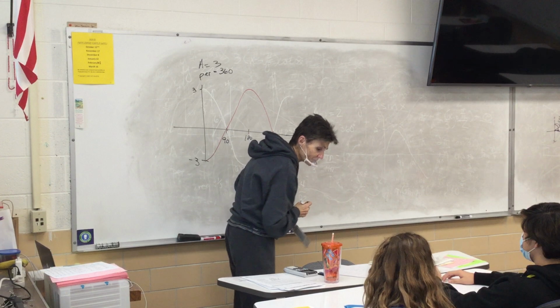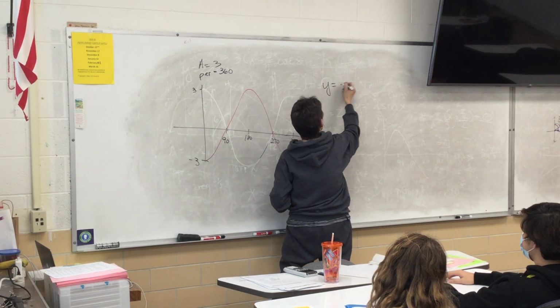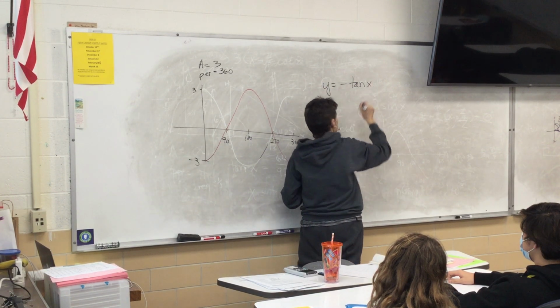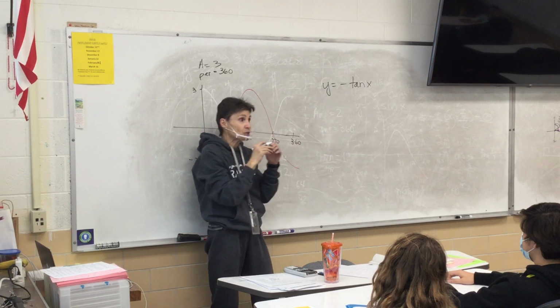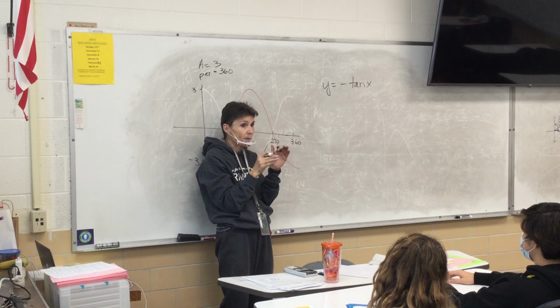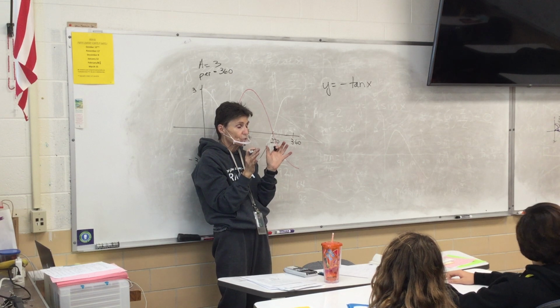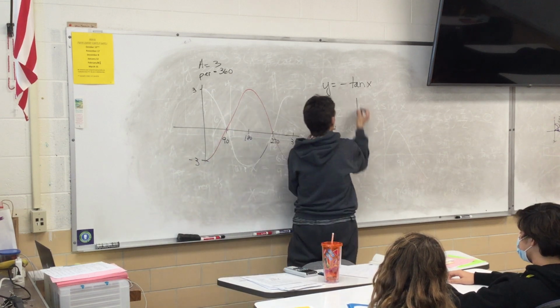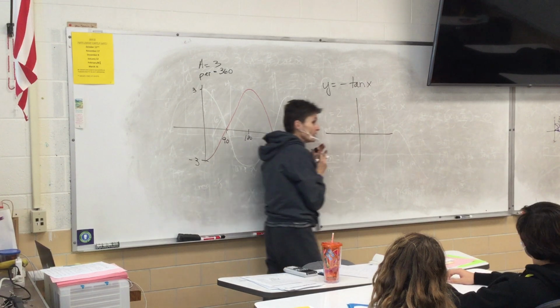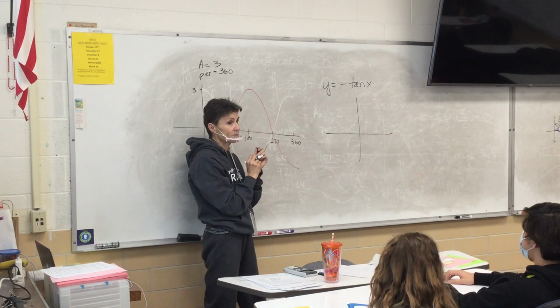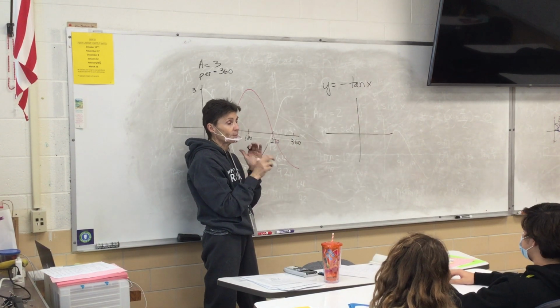All right, now we have a negative tangent. Have I changed anything except the negative? Are there any numbers in there? So my curve is going to be set up exactly the way your tangent curve was set up yesterday. Who remembers what that is?